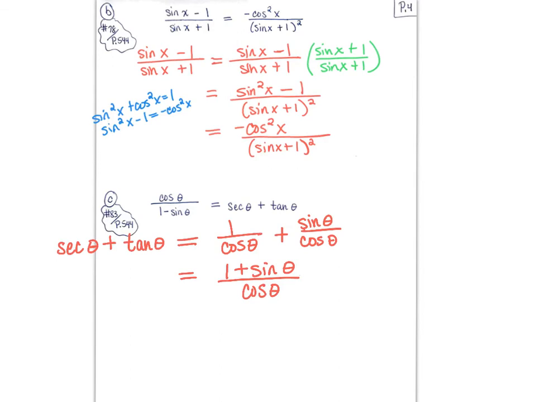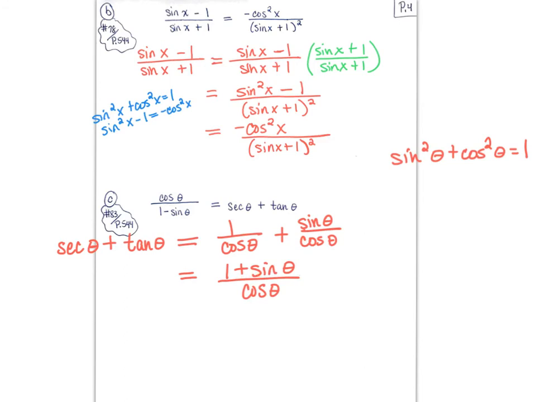Use the Pythagorean identity to find what 1 plus sine theta is equal to. Which Pythagorean identity would you use? Sine squared of theta plus cosine squared of theta equals 1. But you were trying to get 1 plus sine theta, and that wouldn't work.